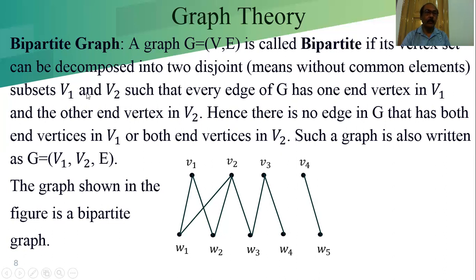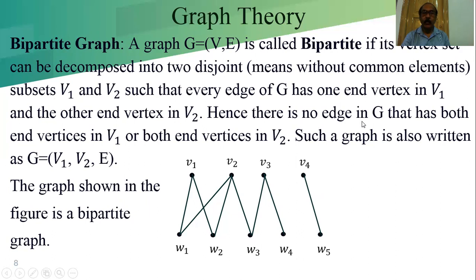These two V1 and V2 are subsets of V, but their intersection is null, that is no common vertex, such that every edge of G has one end vertex in V1 and another end vertex in V2.